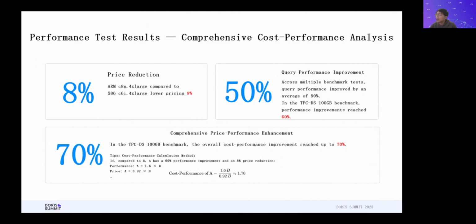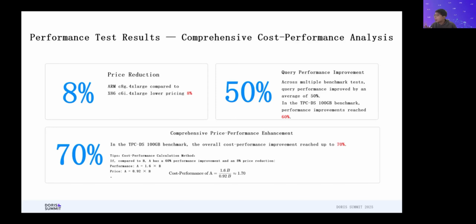Now let's calculate the comprehensive cost performance. If we consider the x86 system as B and the ARM system as A, then the performance of A is 1.6 times that of B, since there's a 60% improvement. And the price of A is 0.92 times that of B because of the 8% price reduction.